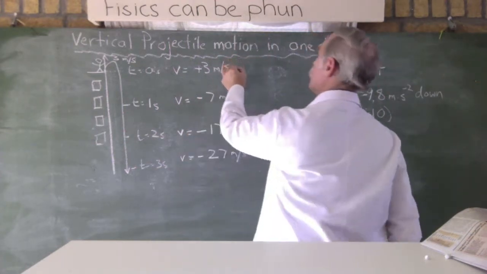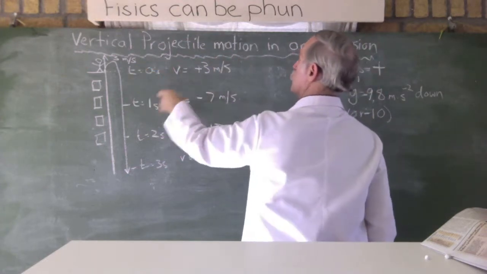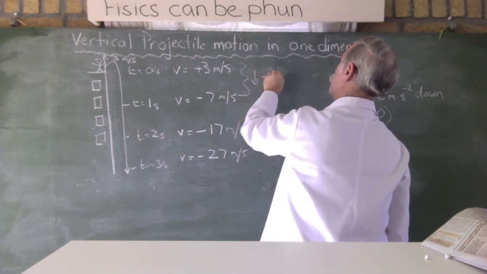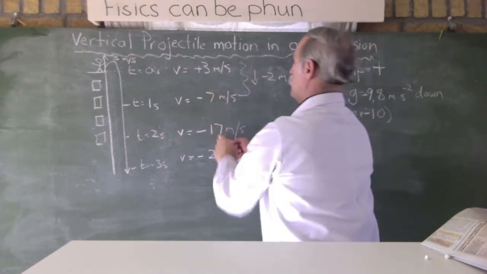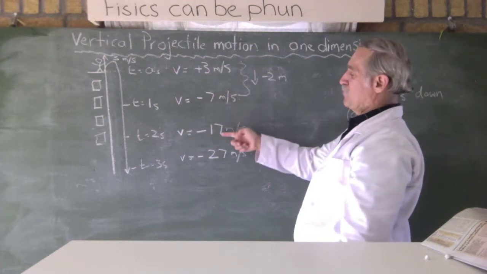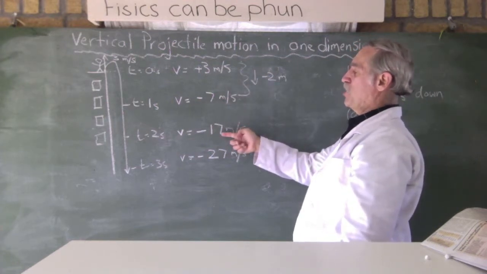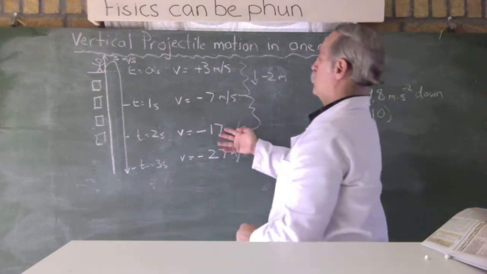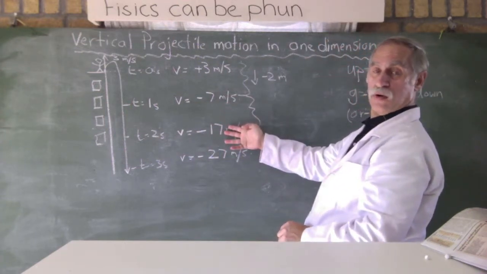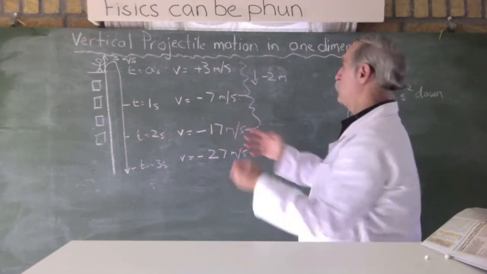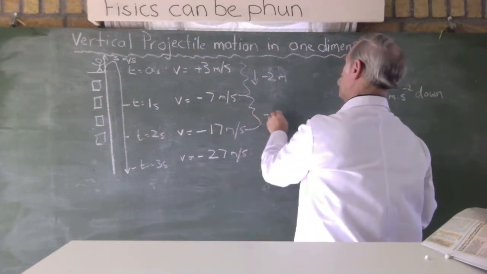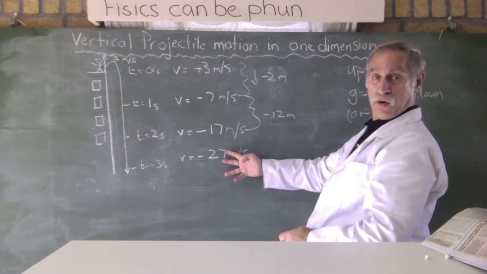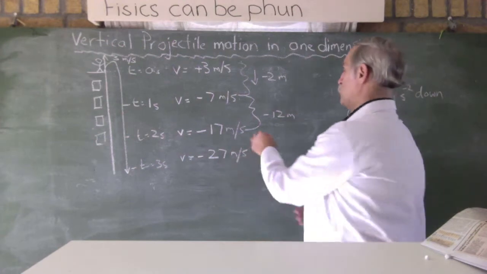So in this period of time, between starting and there, it's going to fall minus 2 meters. Between here and here, adding 17 plus 7, 24, divided by 2, 12. It's going to fall 12 meters. 27 plus 17, 44, divided by 2, 22 meters.